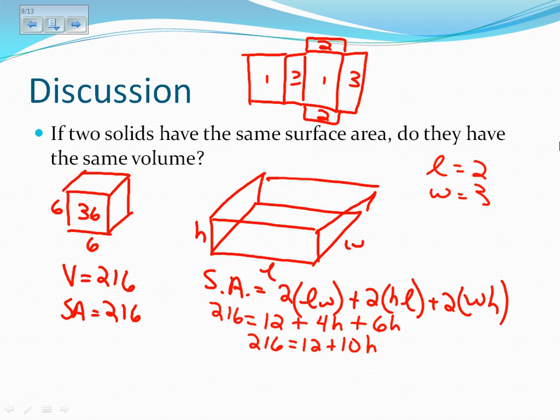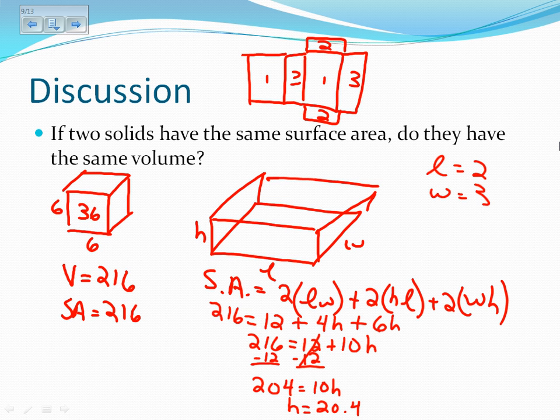Which means that we're just going to have a super tall prism. So if we solve this, we get minus 12, we get 204 equals 10h. Divide both sides by 10, so h is equal to 20.4. Does that make sense here?